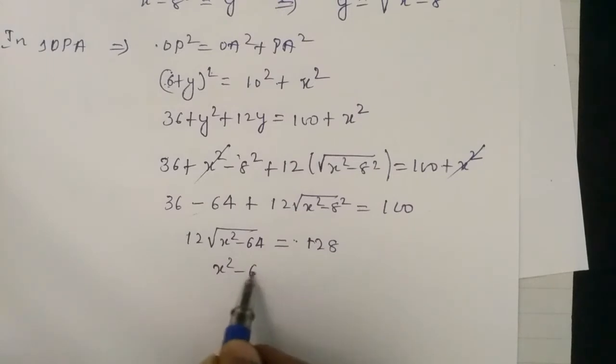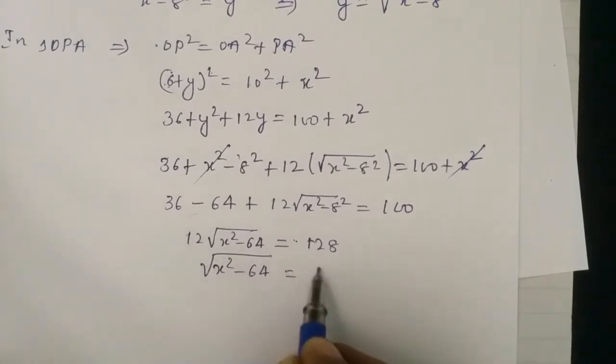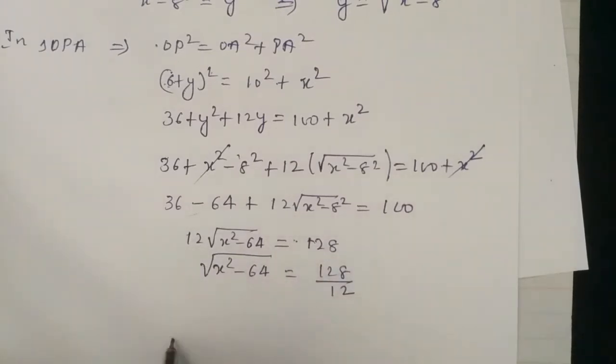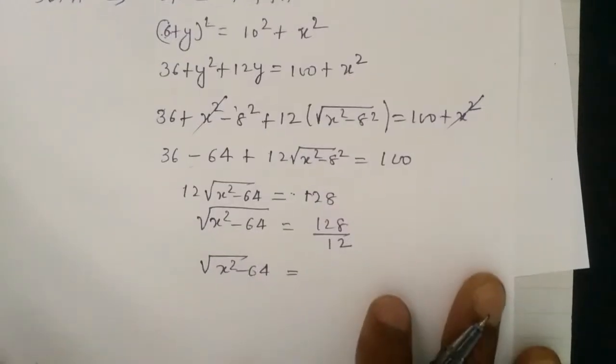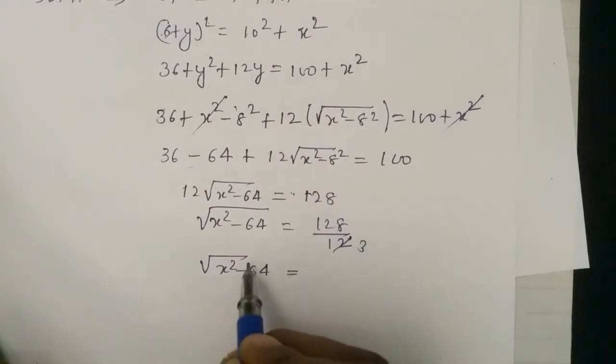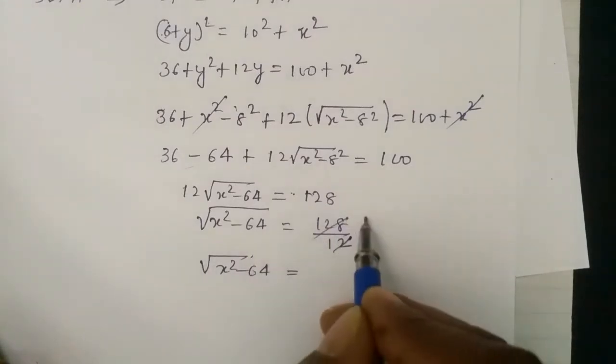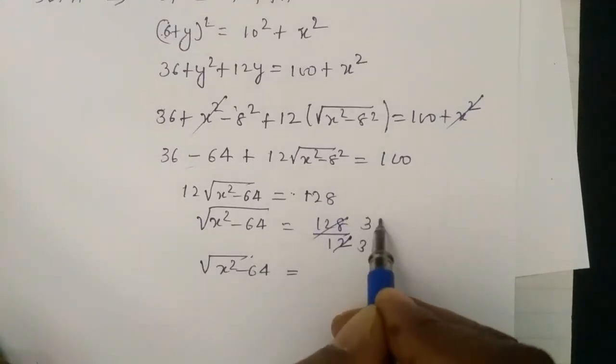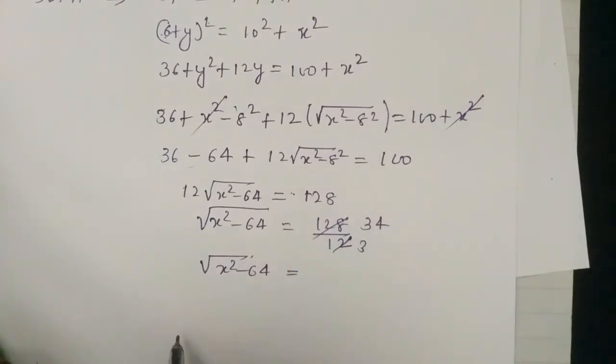Now root of x square minus 64 gives you 128 by 12. So root of x square minus 64 equals to 4 3s are 12, 4 3s are 12, right.